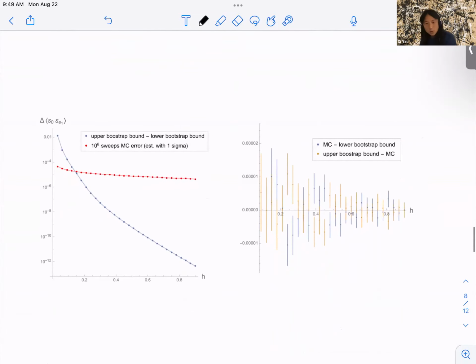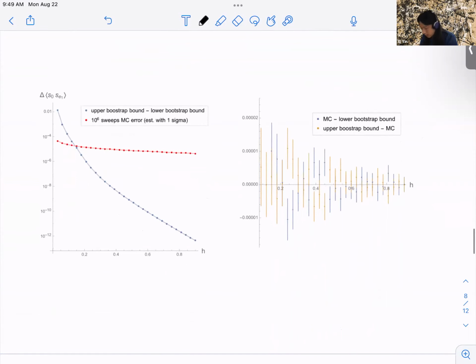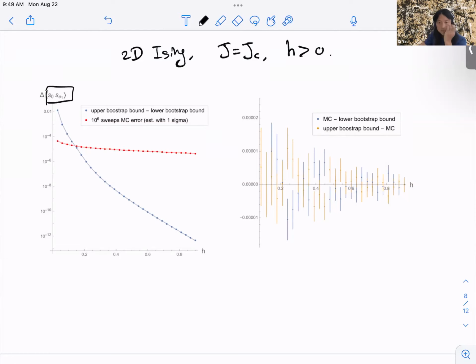Here I wanted to show you another plot to compare against the Monte Carlo benchmark. So this is a plot again for 2D Ising at J equals J_C, but non-zero H. So we're looking at, again, the nearest spin correlator as a function of magnetic field H. Of course, we're moving away from criticality now, but we're looking at the difference between upper and lower bound.